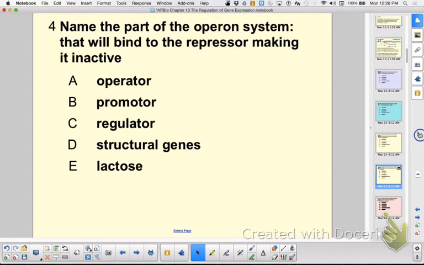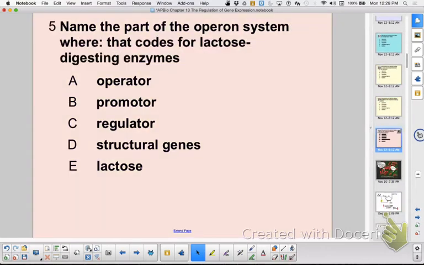Read. Tell. Lactose. And lactose acts as a what? Inducer. Good. All right. Read. Tell. Structural genes. Good.